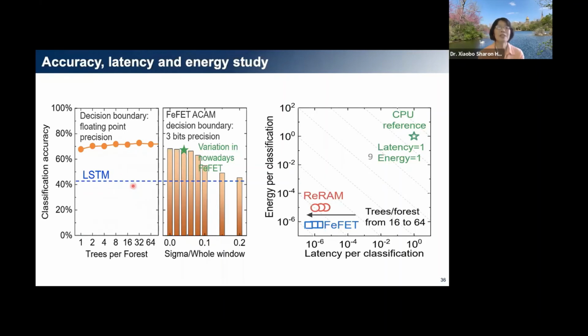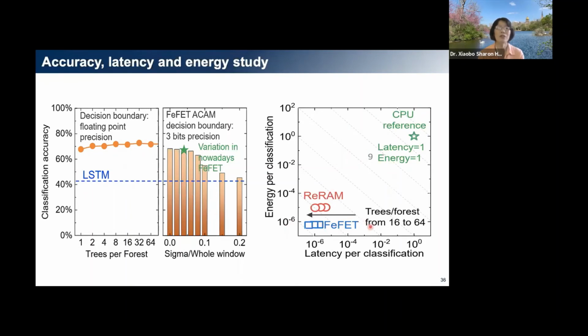First you can see that in terms of accuracy, at very low sigmas or very low variations, the accuracy is approaching the floating point implementation. And even with very large variations, it's still pretty close to LSTM, and actually in many cases outperforms LSTM. So in terms of accuracy, it is quite good.